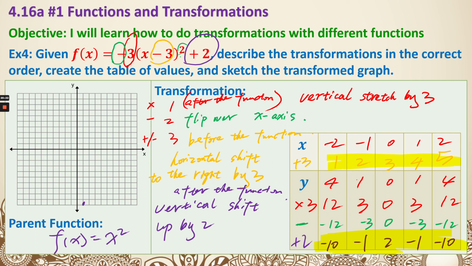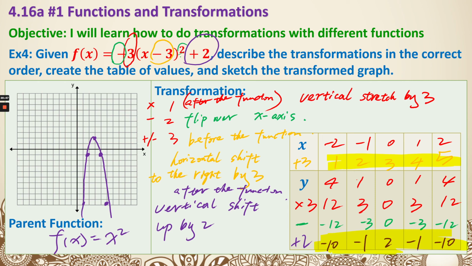Then 2 is at -1. 3 is at 2. 4 is at -1. And 5 is at -10. So there's my graph.